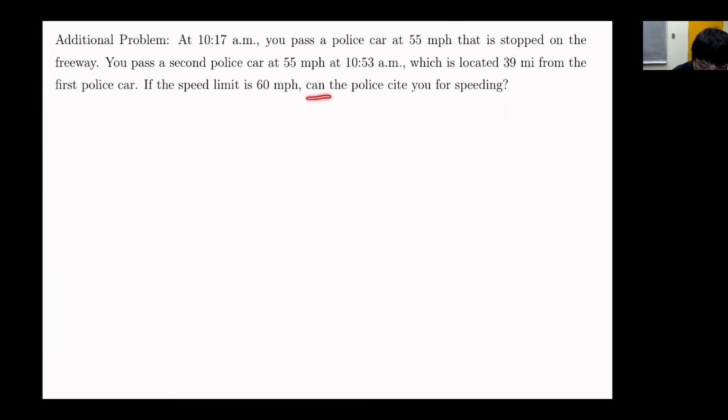In order for the police to cite you for speeding, all they need to do is prove that at some point your speed is above 60 miles per hour. And this can be achieved using the mean value theorem. Within 53 minus 17 minutes, which equals 36 minutes, and 36 minutes equals 36 divided by 60 hour, which is 0.6 hour.